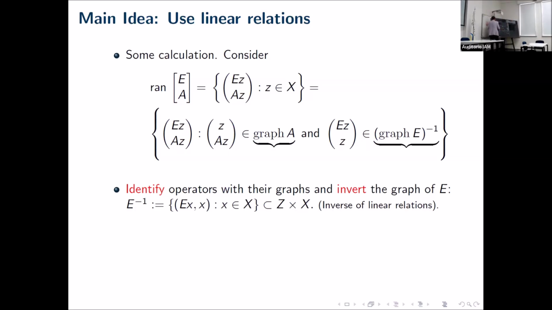What else? Domain, or first entries. Kernel: the kernel of A is what? All elements which are mapped to 0. So the kernel of T is all x such that (x, 0) is in T.